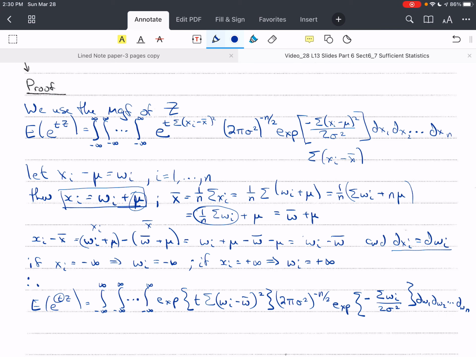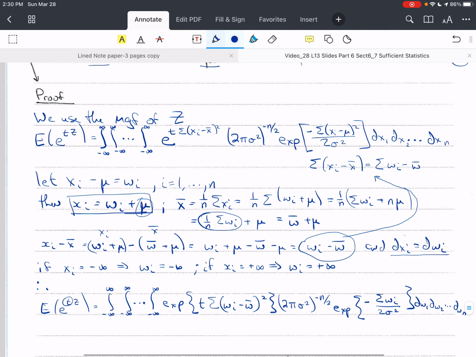So that's going to be the sum of wi minus w bar, and this was squared. Oh, so this was xi minus x bar, minus mu. Okay, so I'm looking at the wrong spot for the substitution.